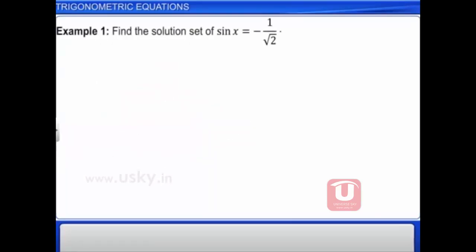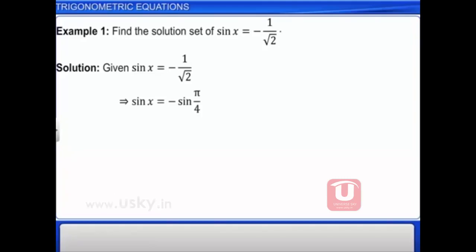Let's now find the solution set of sin x equal to −1/√2. Let's begin with the solution. Given sin x is equal to −1/√2. Now, sin π/4 is 1/√2. Therefore, sin x is equal to −sin π/4.